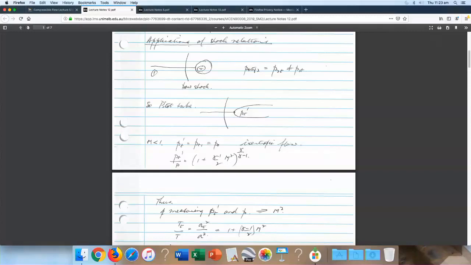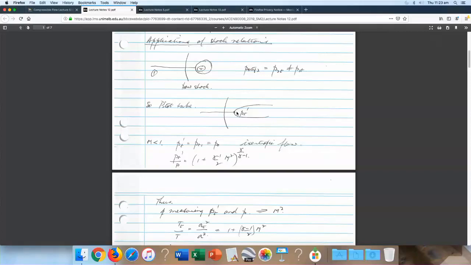Yes, so why? Well, the fundamental reason is that the total pressure here is not the total pressure before the shock. The total pressure changes through the shock, goes down. So that's very important to know.